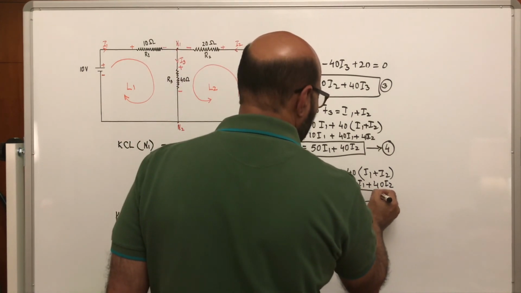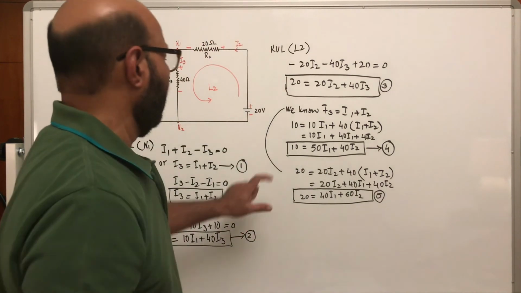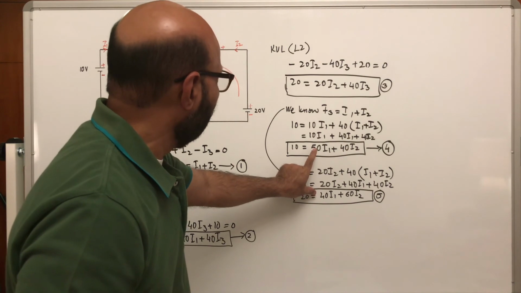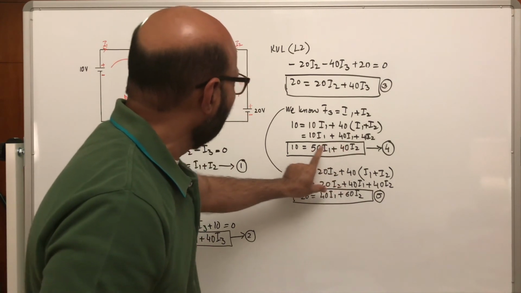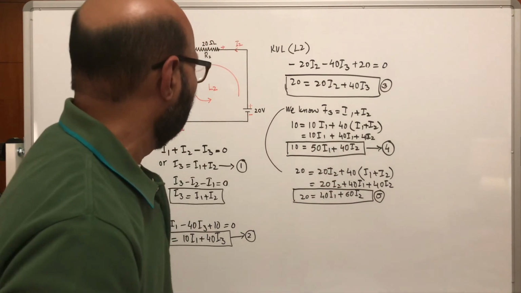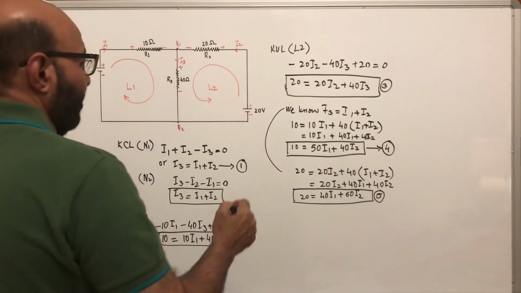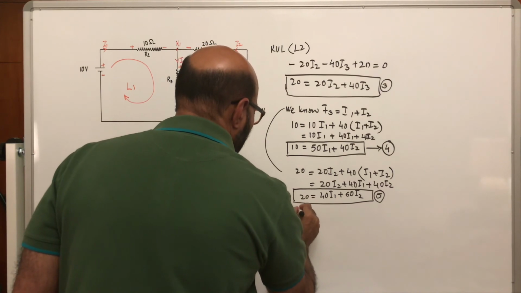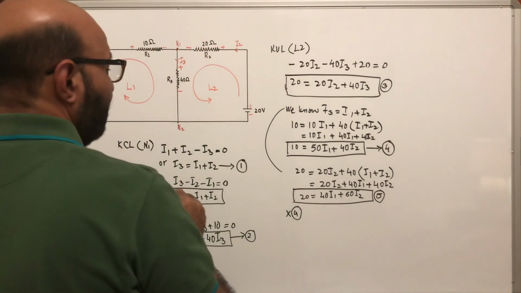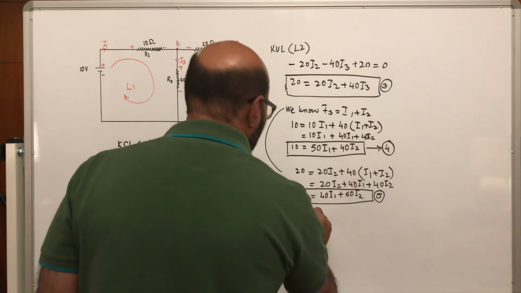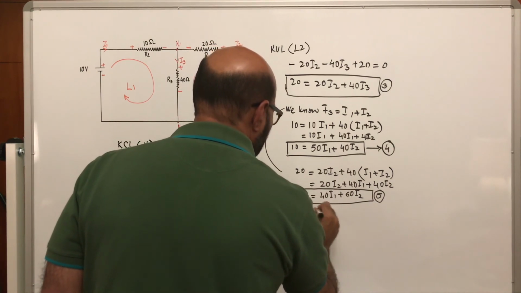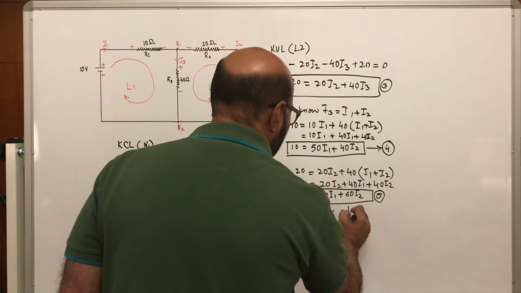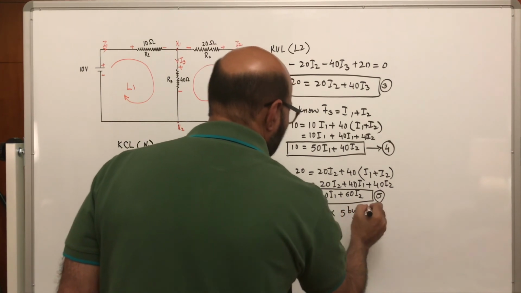Now we have two equations where we can eliminate either I2 or I1. Let's multiply equation 4 by 3 and multiply equation 5 by 2.